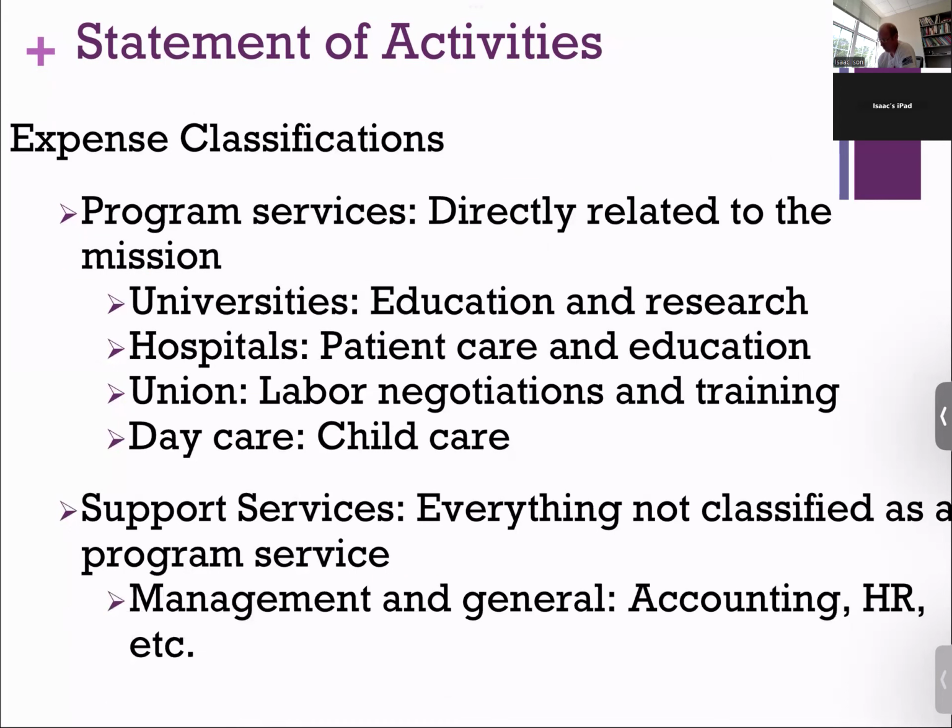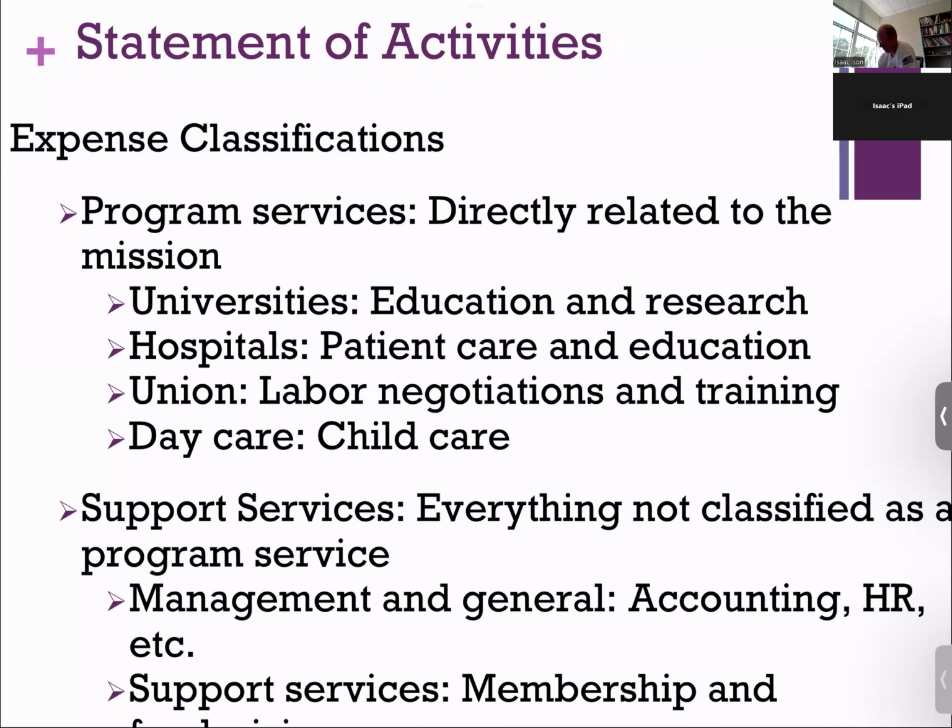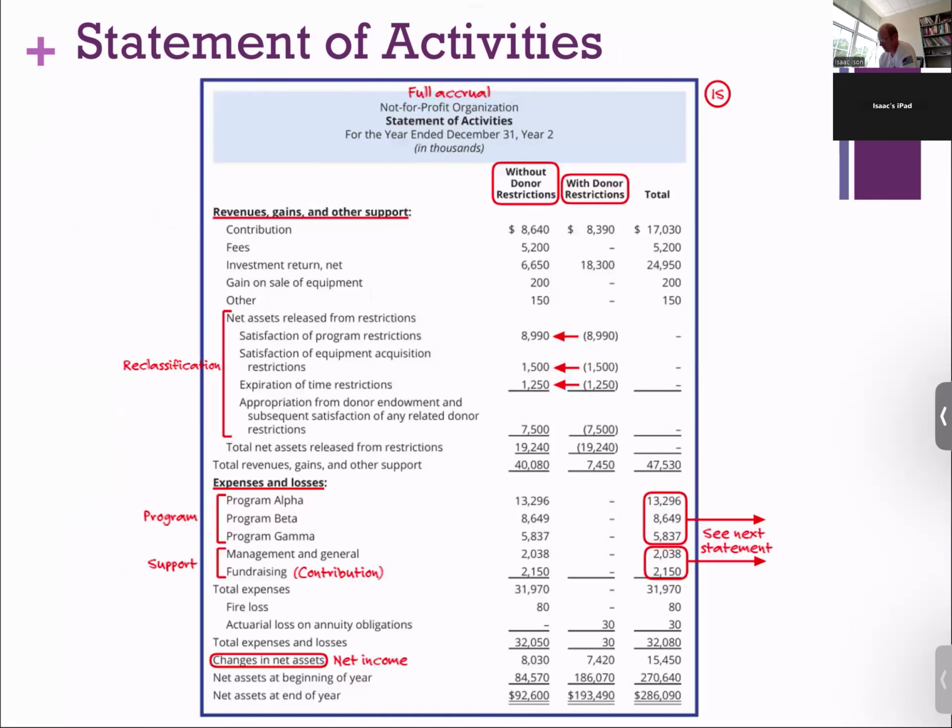So think of payroll, advertising, or soliciting donations, fundraising, stuff like that. Interesting. I don't know if that shows up on your screen or not, but it looks like it cut off the bottom of it. You'll be able to look through these slides in Brightspace.